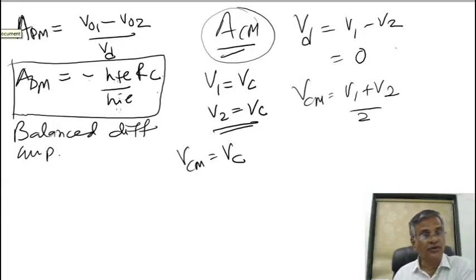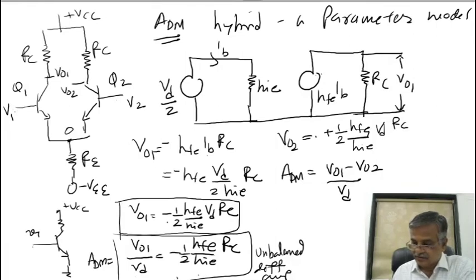Now I want to derive the equation of common mode gain. So I have to draw the hybrid pi equivalent circuit. For that we have to understand the most important thing. Here IC1 is flowing, here IC2 is flowing.